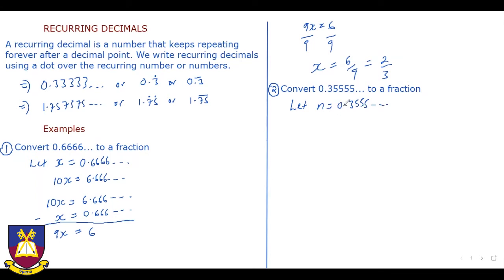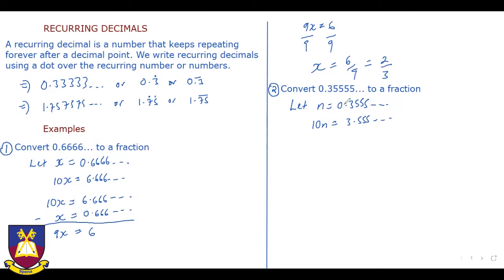Then we're going to multiply by 10 so that this decimal point comes just after this non-recurring number. 10n is equal to 3.555 and so on. Still, now we shall do like we've done here.